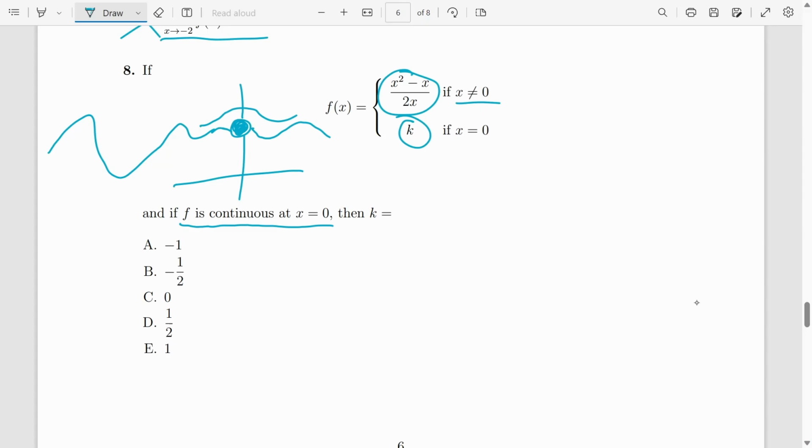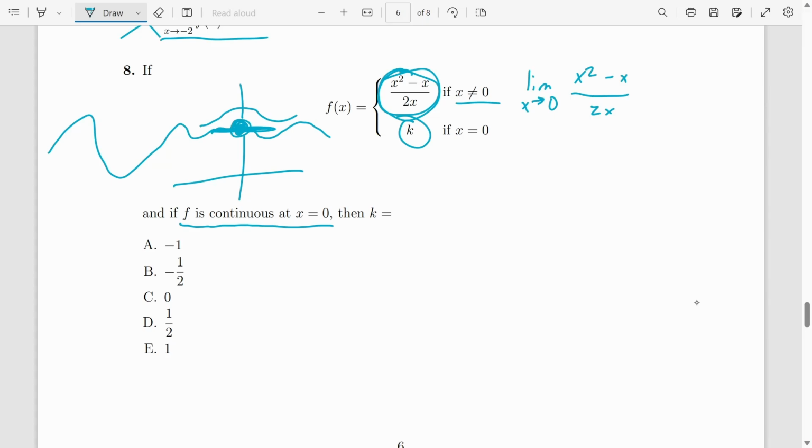So in order to find this value of k, when you plug in x equals 0 into the function, we need to find the limit of this as x approaches 0. So limit as x approaches 0 of x squared minus x all over 2x equals what? And that will end up finding this value here, like y equals whatever.